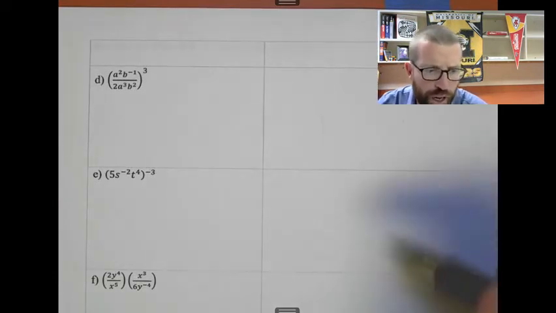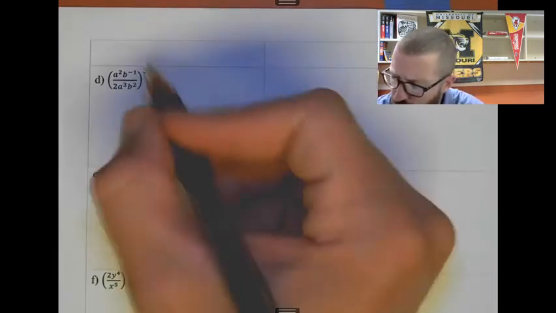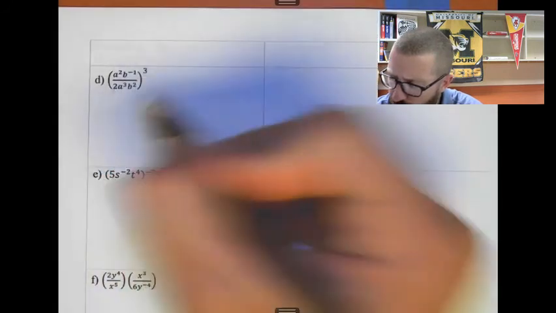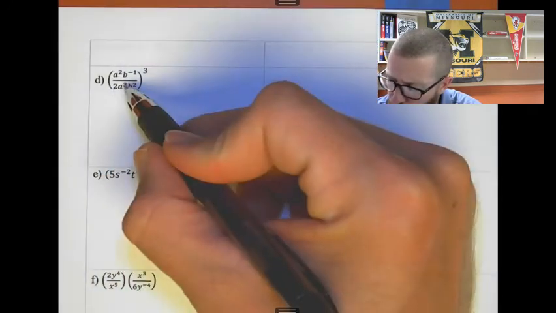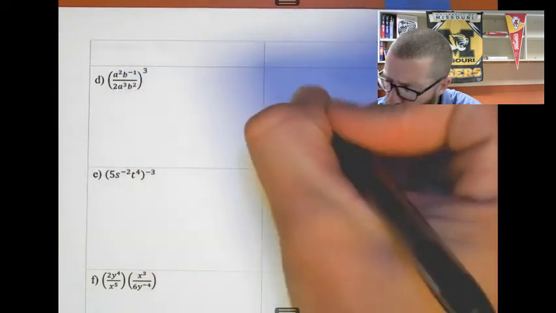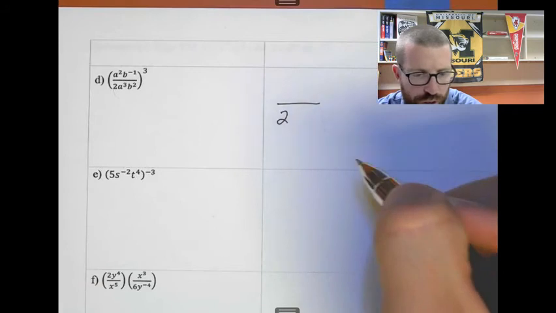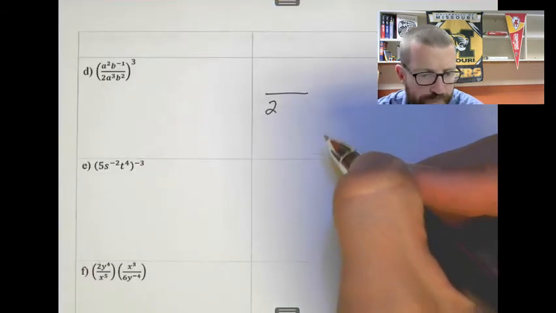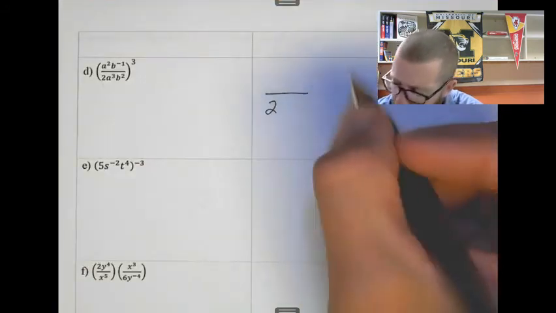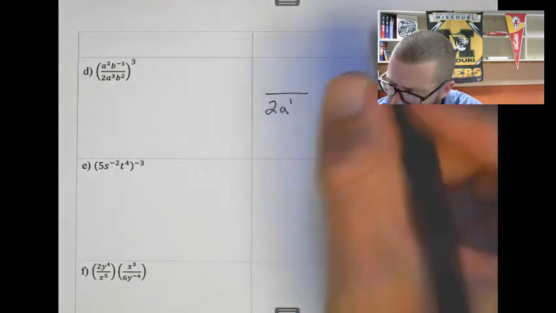Okay, on this one, let's see, just to do something a little different, let's reduce everything inside first. So if I have 3 minus 2 is 1, I guess I start with my 2 doesn't change, or it doesn't move. And then I have a to the first on bottom.